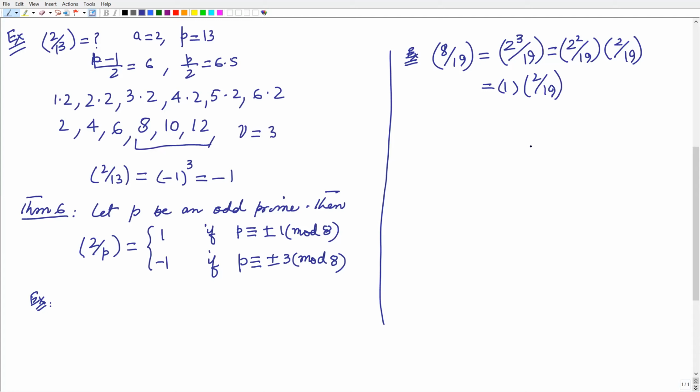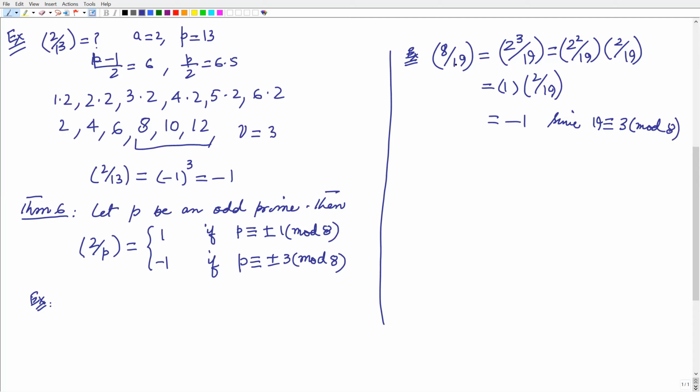When we divide 19 by 8, so 16, we will have 3 modulo 8. So this will be minus 1, since 19 is congruent to 3 modulo 8.